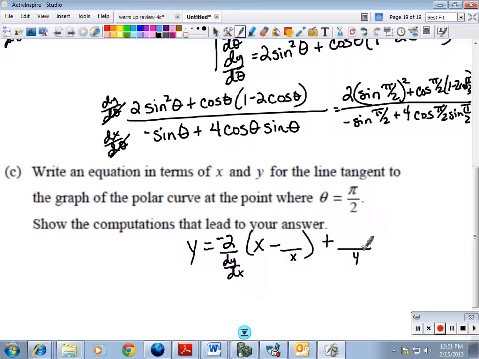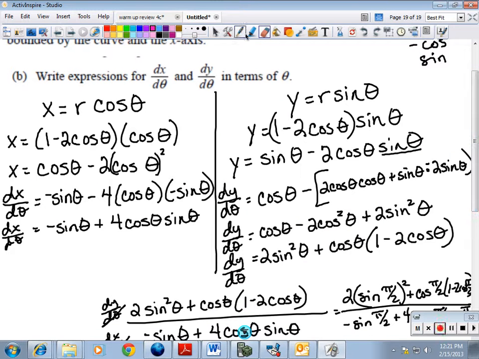To get my x and my y, I just use my x equals r cosine of theta, y equals r sine of theta, where r, actually, I don't have to go there. I can go right here to these formulas here. I plug my pi over 2 into this one, and I get 0.